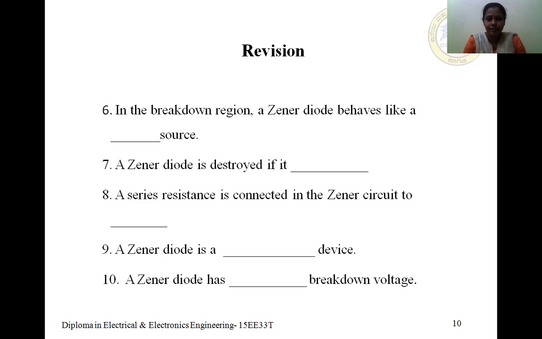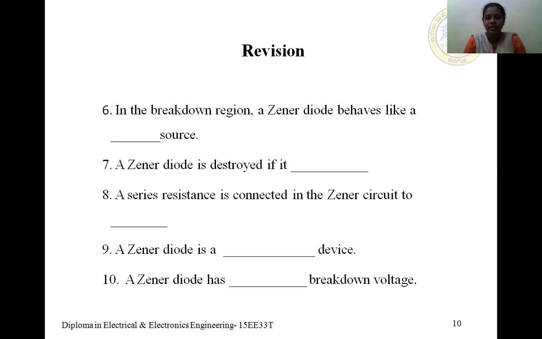Next, coming to the seventh question. In the seventh question, a Zener diode is destroyed if it carries dash current. The Zener diode is destroyed when it carries current more than the rated value. As I said, it conducts in the forward biased and reverse biased conditions.